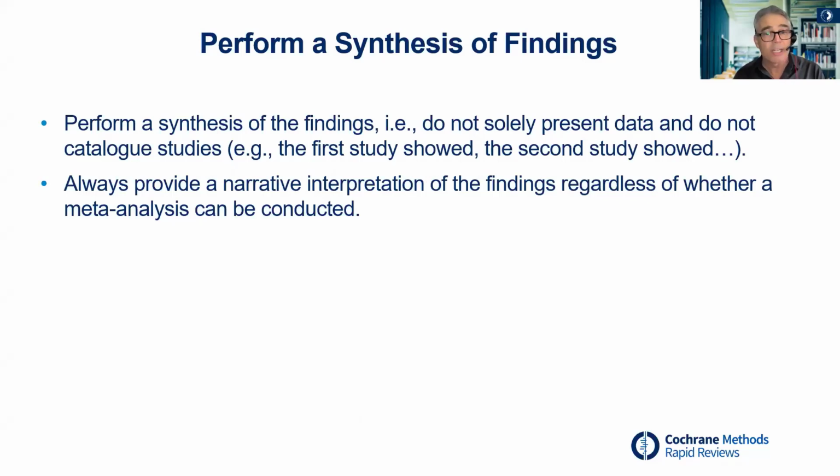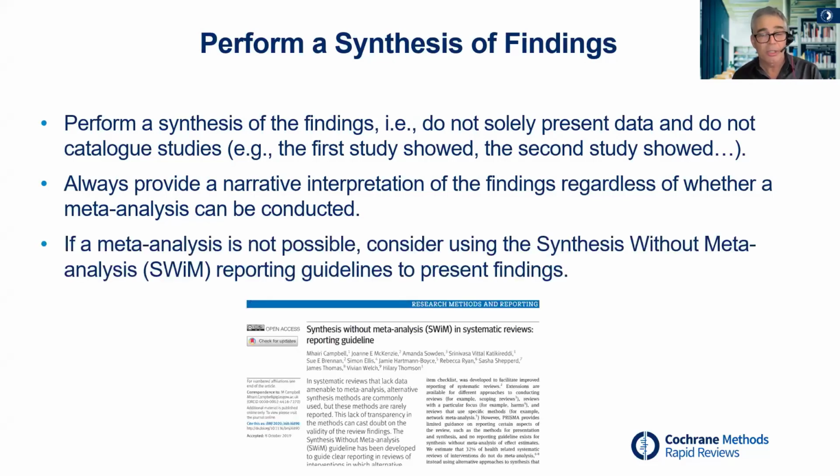A well-written narrative interpretation aids readers in understanding and comprehending findings. And this really holds true regardless of your ability to conduct a meta-analysis or not. And if you are unable to conduct a meta-analysis, consider using the SWIM guidance for determining which elements should be reported in a Cochrane Rapid Review.